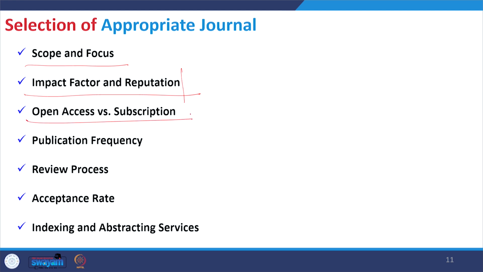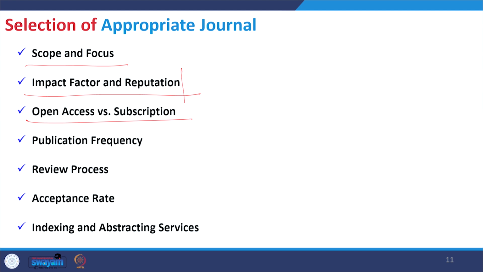Then you also need to look at open access versus subscription. Many journals now go for open access, which gives a different perspective. When you go for open access, your publication or your research will be visible to anybody. In our previous lectures we discussed that those who are in good institutions have good access to journals because they are subscribed by that institute.